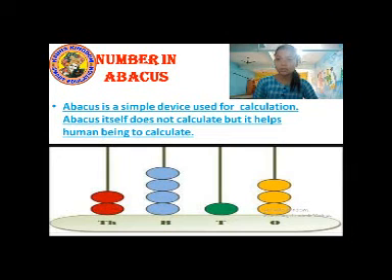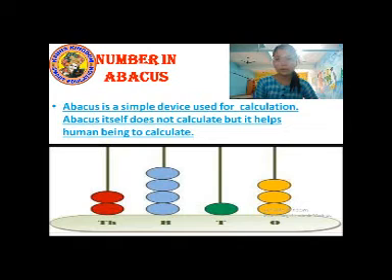Dear student, please look at the picture of the abacus on the screen. Tell me, how many beads are there in the thousands place? 2, right? And how many beads are there in the hundreds place? 4, right? How many beads are there in the tens place? 1.